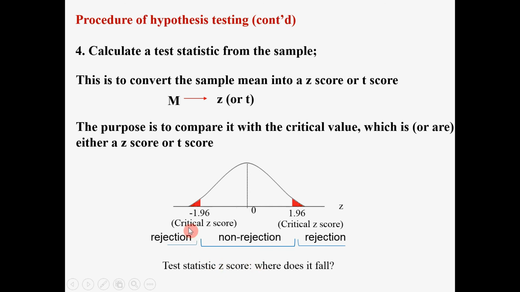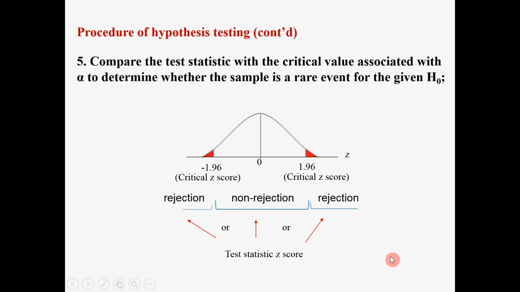Does it fall in this rejection region or this rejection region or somewhere in the middle, so that we can determine whether the sample mean is a rare event for the given null hypothesis or not.